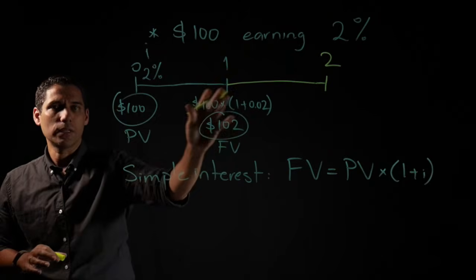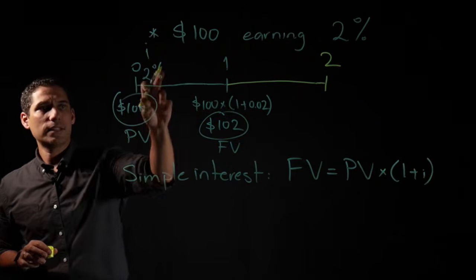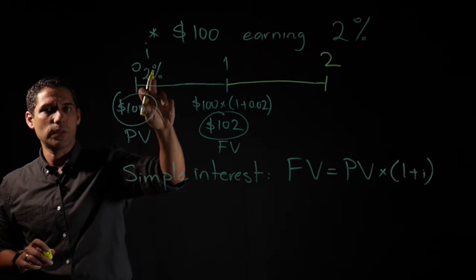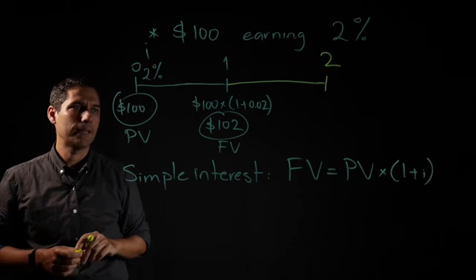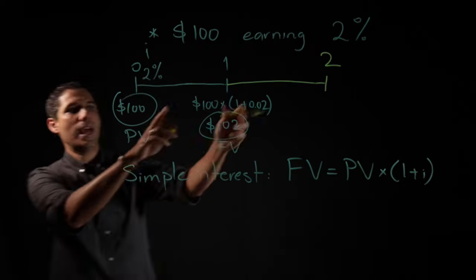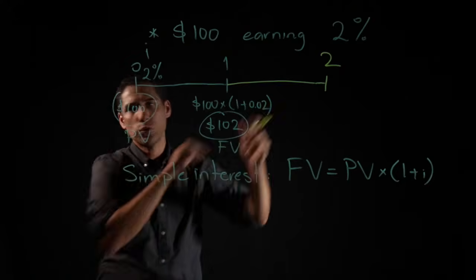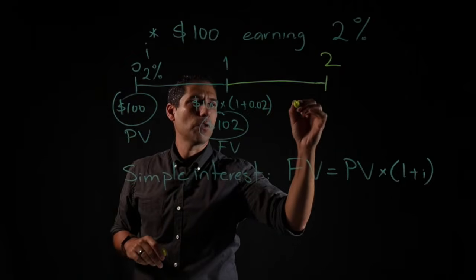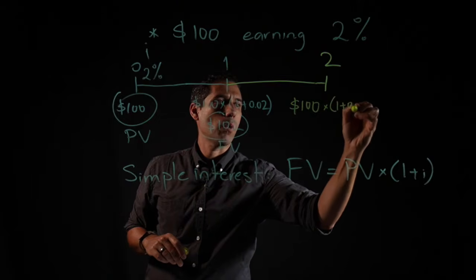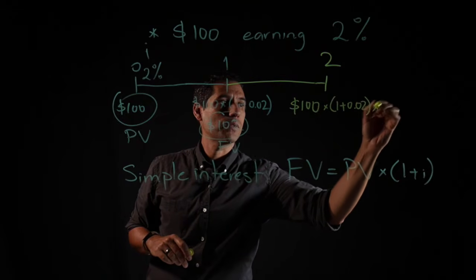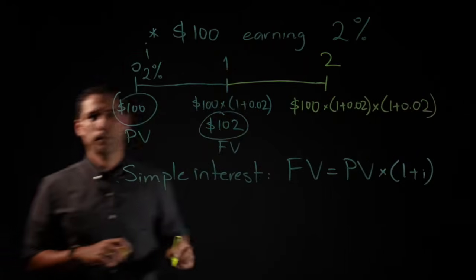So the $102 will earn interest itself. And let's assume that the same interest rate applies, so 2%. So our $102 earns 2% itself. What will that look like? Well, we have this amount, $100 earning 2%, then earning 2% interest itself. So now it's going to be 100 times 1 plus 0.02 times 1 plus 0.02, right?